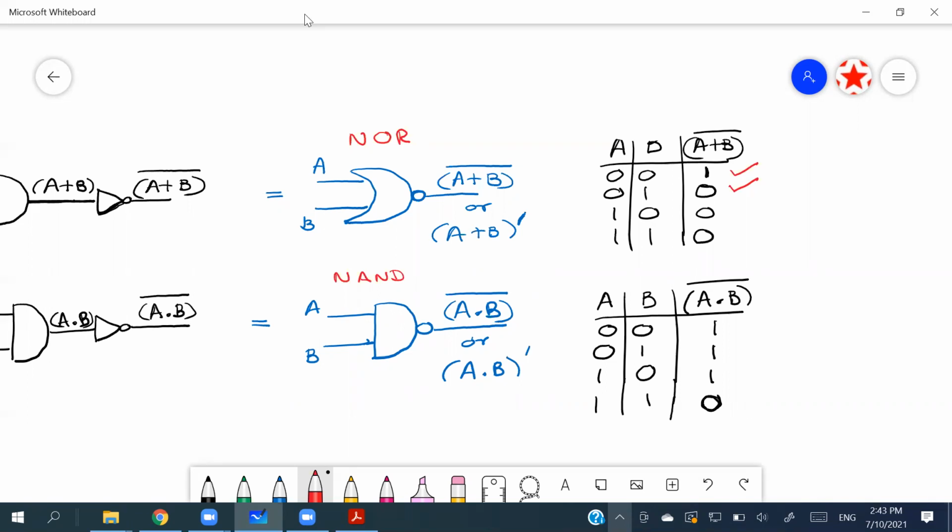Hold on a second. My whiteboard has some graphic issues, people. Just hold on. What's going on? Everyone, just give me a second.